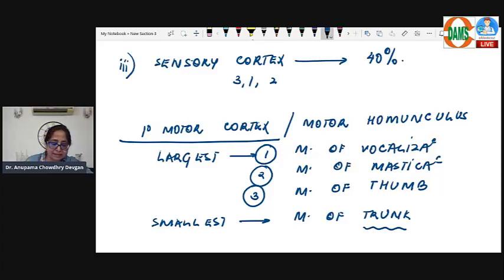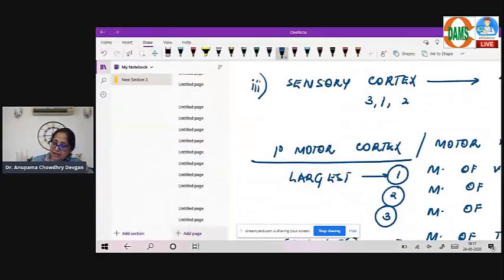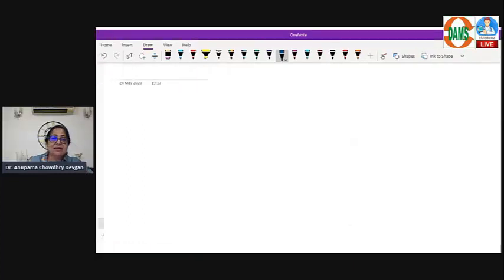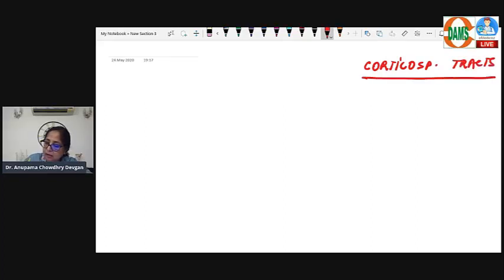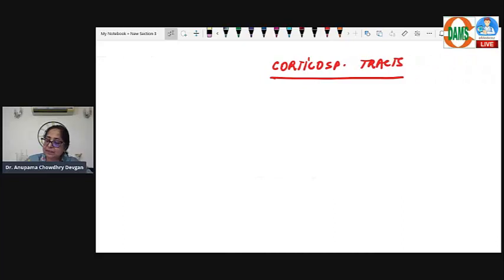Let's have a look at this tract and how it descends downwards. Let's see the lateral corticospinal tract and the anterior corticospinal tract. Yes, this is the midline here.